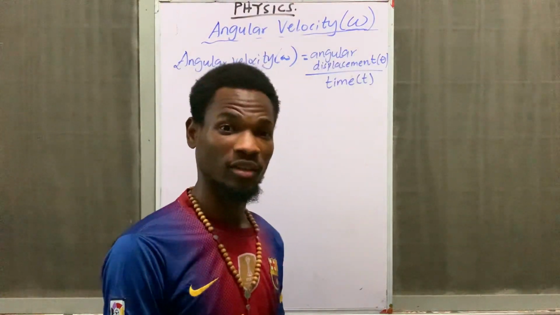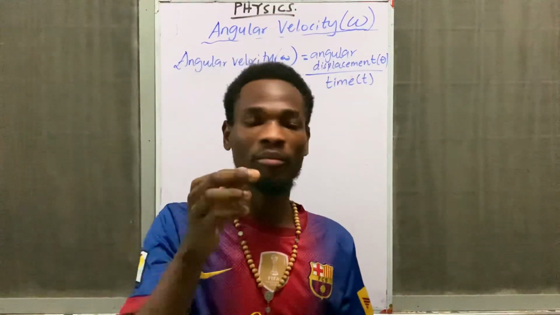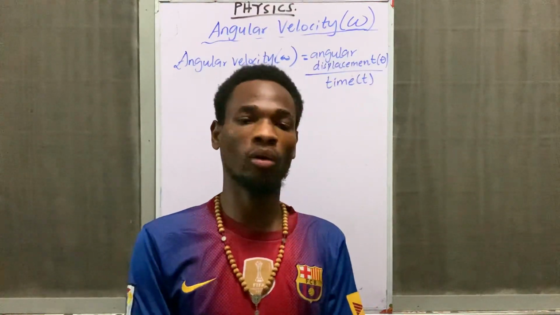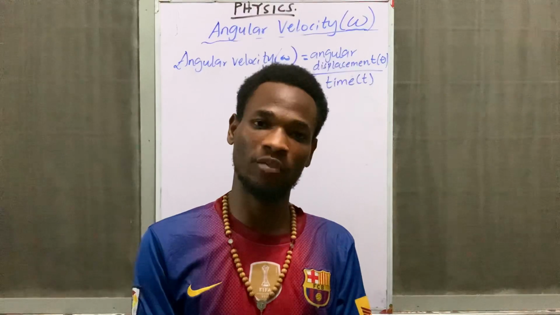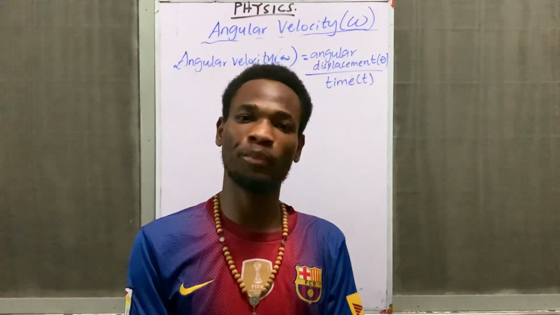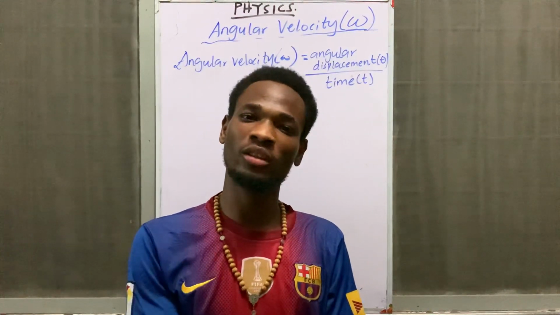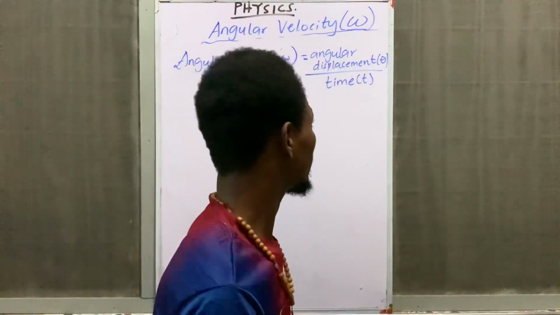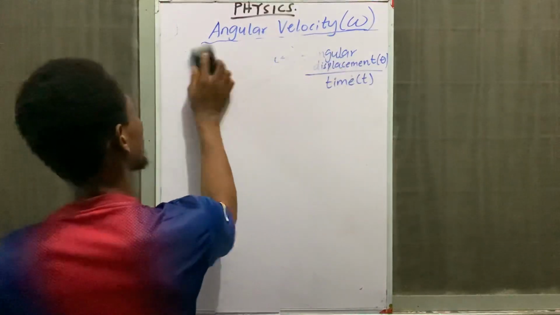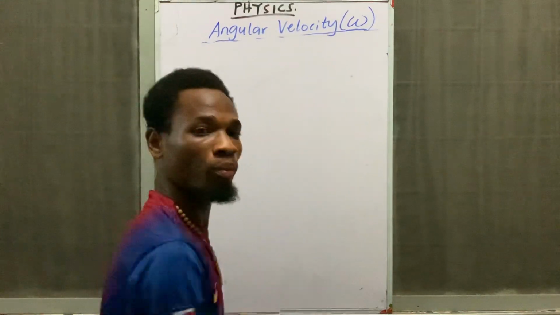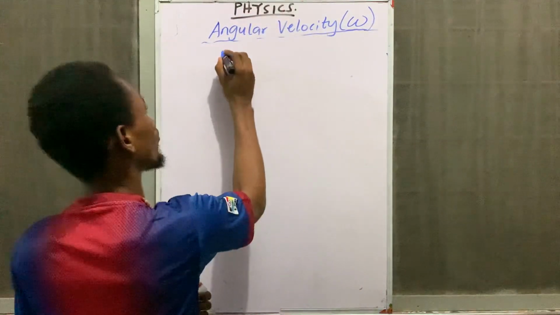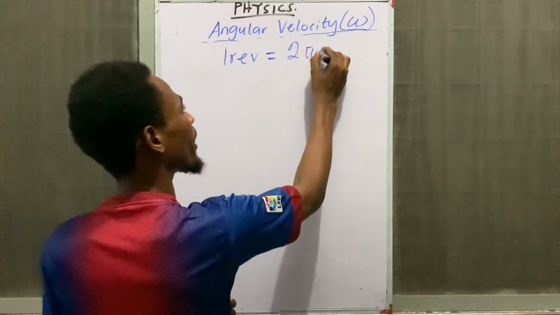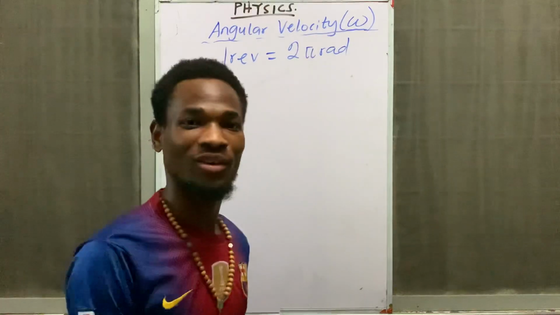In my previous videos, we talked more on the topic radian measure, where we learned the relationship connecting revolution and radian, and degrees and radian, right? I hope you remember this relationship. 1 revolution is equal to 2 pi radian, right?